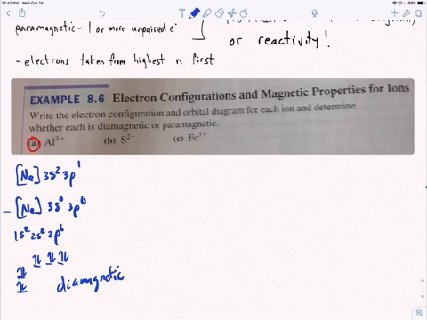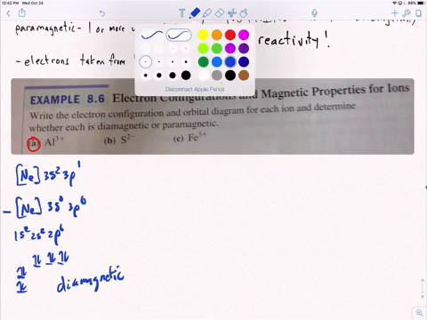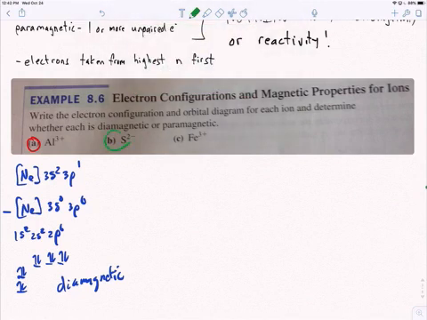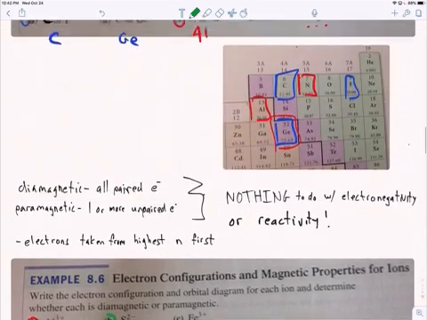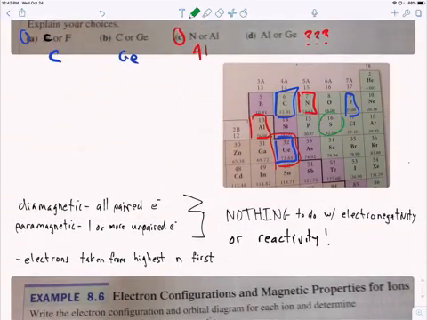All right, let's go on and do sulfur. Well, sulfide, I should say. Sulfur is just under oxygen.